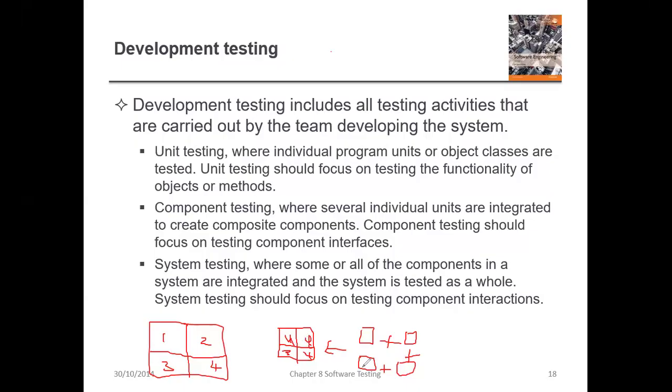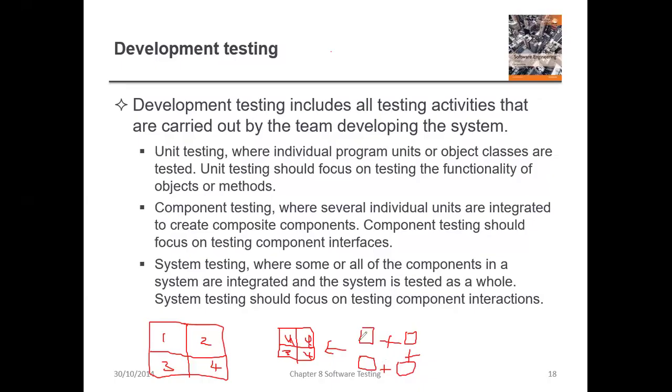The kind of test you perform at the unit level will not be the same test you perform at the component level. At the unit level, you'll be looking for defects in the various units. For example, the methods, the parameters, and all those things that are used in the units will be tested.